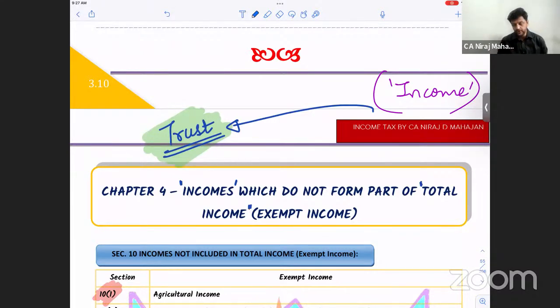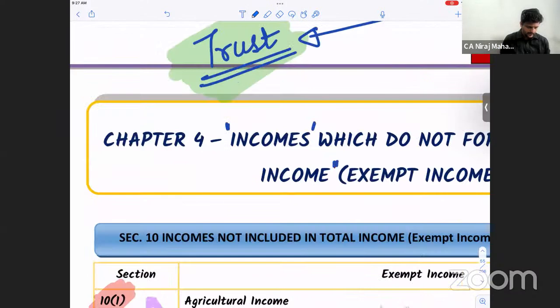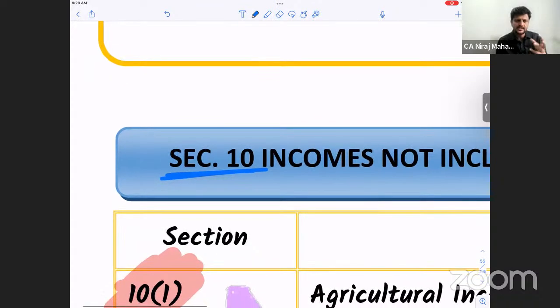Clear? So also one more important thing. Just because the income is mentioned in section 10, which we are going to do in some time, it doesn't automatically make it exempt. The department will very, very closely monitor whether the conditions are satisfied or not, whether it is actually exempt or not.